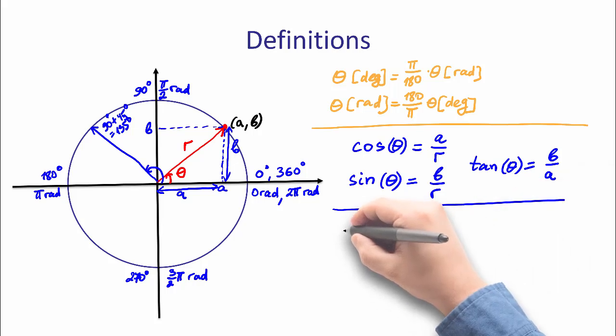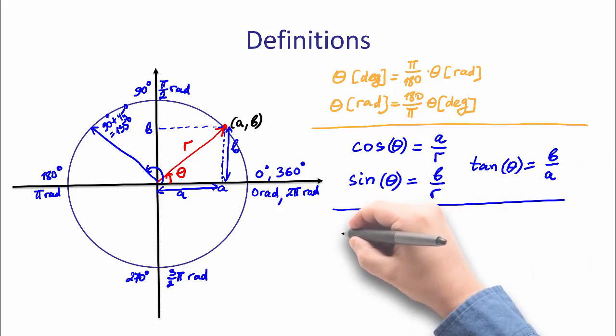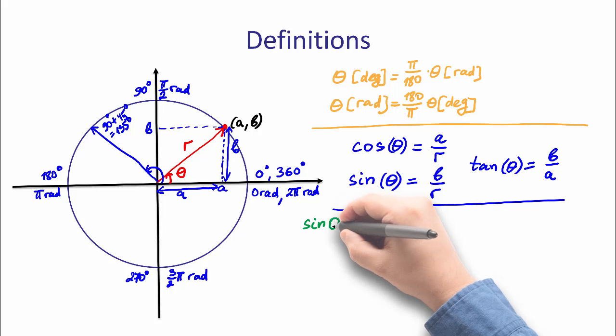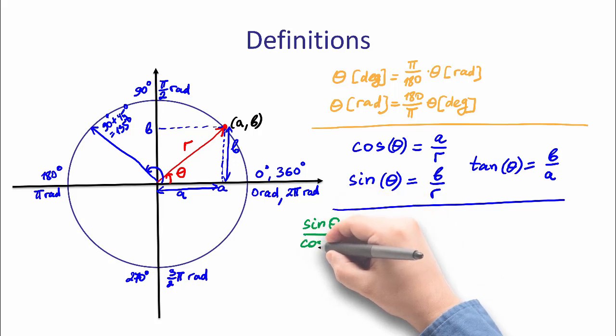Now, we can define very simple trig identities based only on those definitions alone. Let's say we want to compute sine theta over cosine theta.